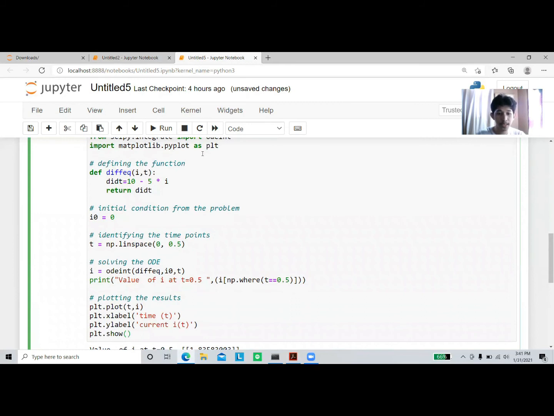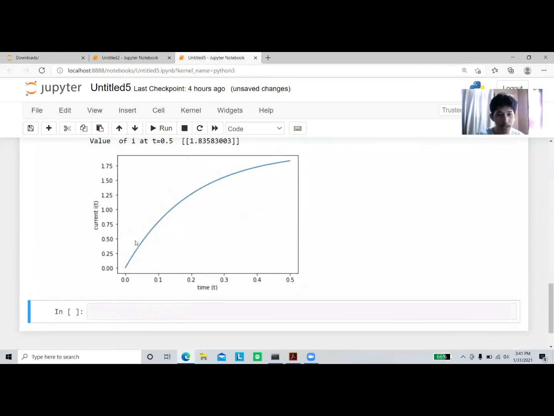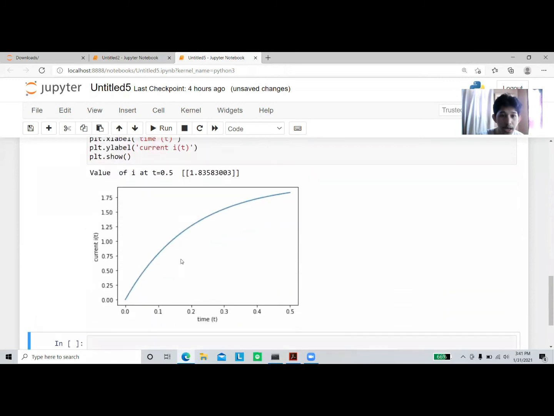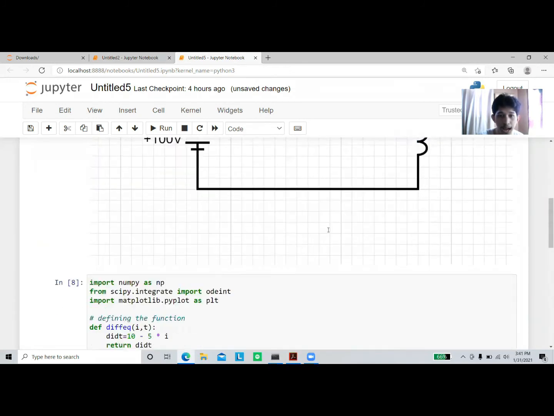To be able to display the graph, we need to input plt.show, and then that's it.